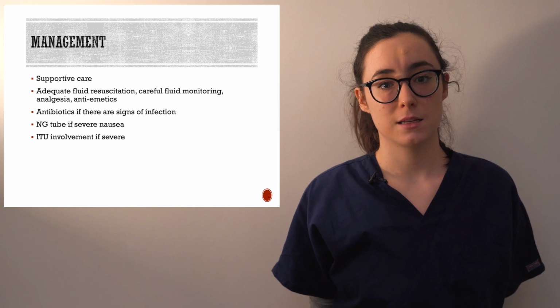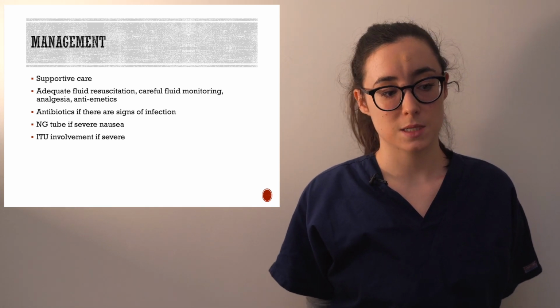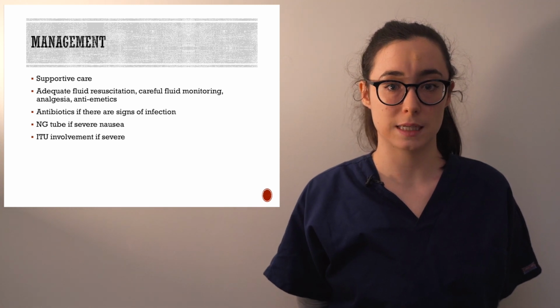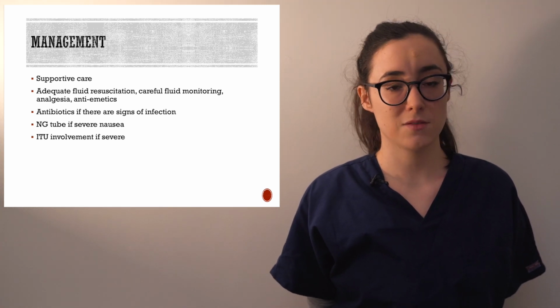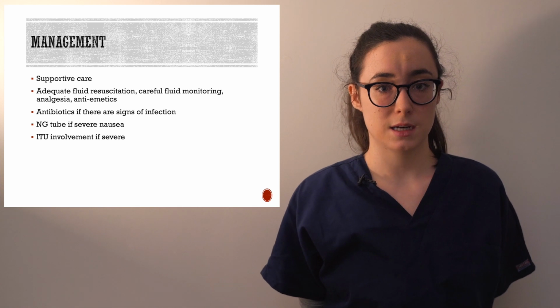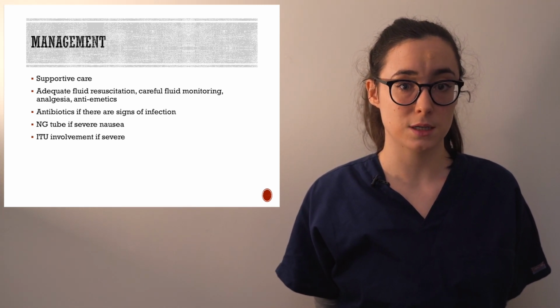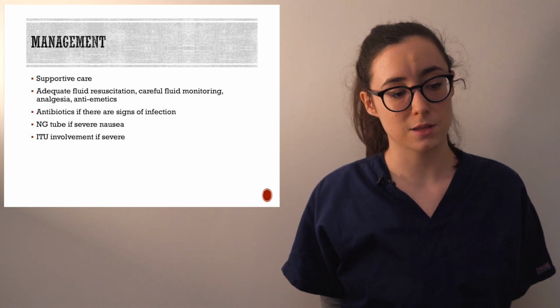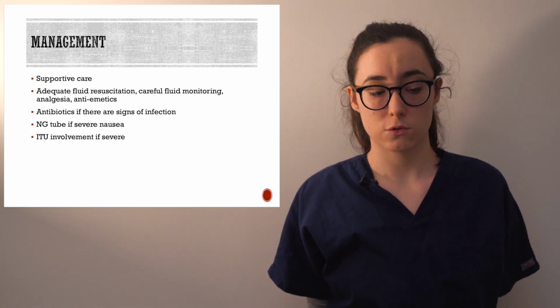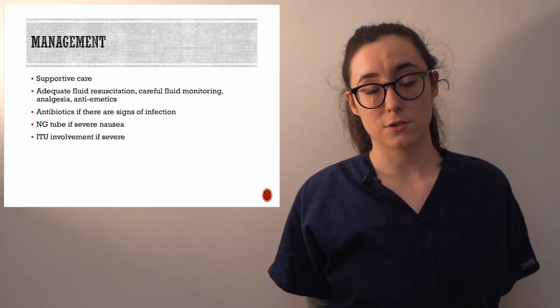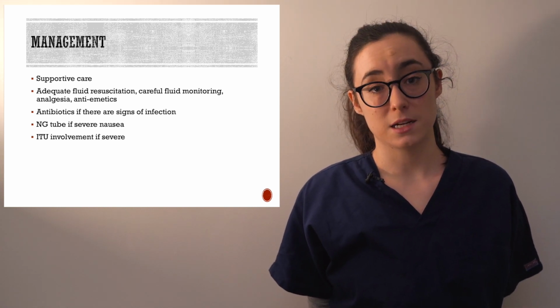We need analgesia, so painkillers, and antiemetics. Commonly this is cyclizine or ondansetron. If there are signs of infection, such as a fever or a raised white cell count, there may be antibiotics required. Each trust will have their own guidelines on this. If there is severe nausea, they may require an NG tube, and depending on how severe, they may need ITU involvement.